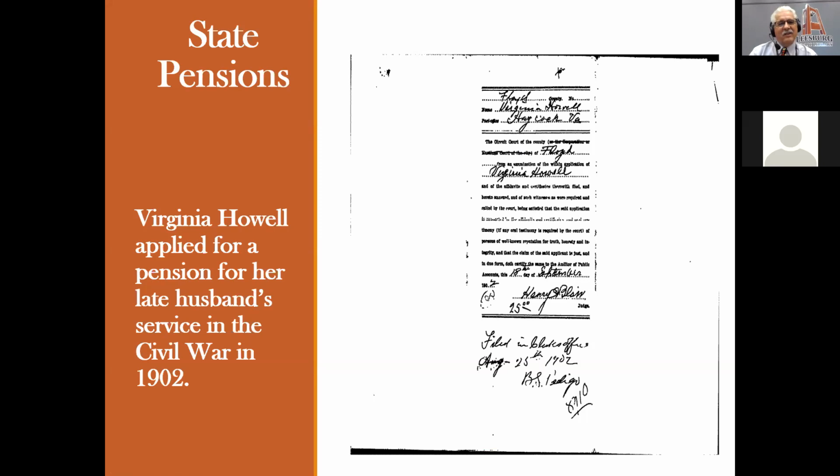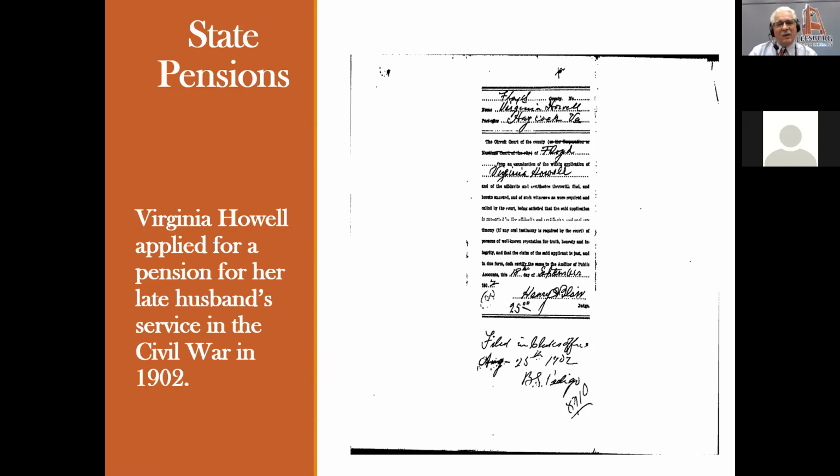And another interesting thing is that one of the things they usually did for women is that they had to provide some sort of proof they actually were married to the veteran. And this is interesting because her husband Thomas served in the Confederate forces, which the U.S. government considered to be ineligible service.